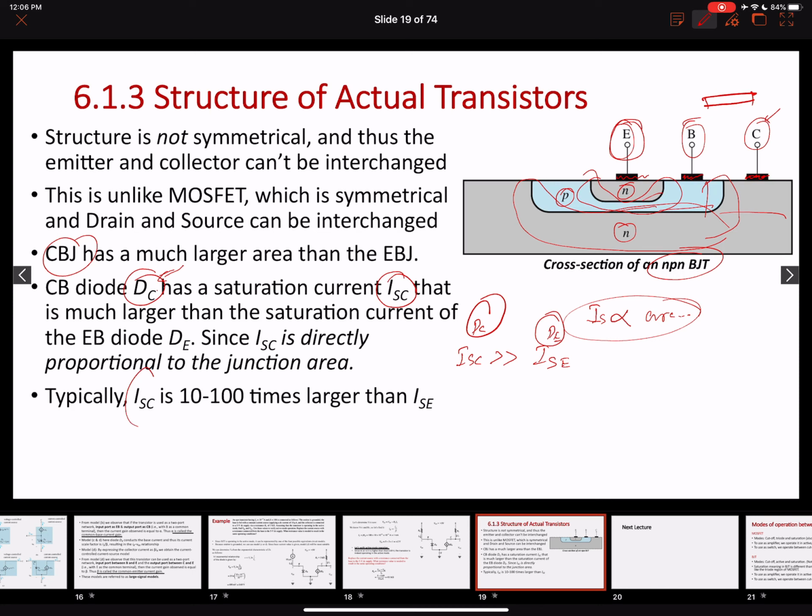For example, this saturation current is approximately 10 to 100 times larger than the saturation current for this diode DE.